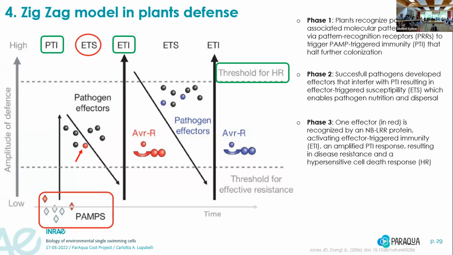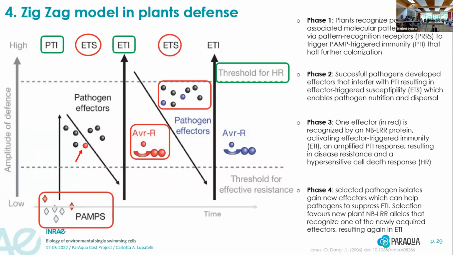The hypersensitive response is a response that plants use basically to delimit the area of infection in a particular tissue. So basically what the plants do is to start a program of cell death to delimit the area of infection and basically to stop the spread of the pathogen.